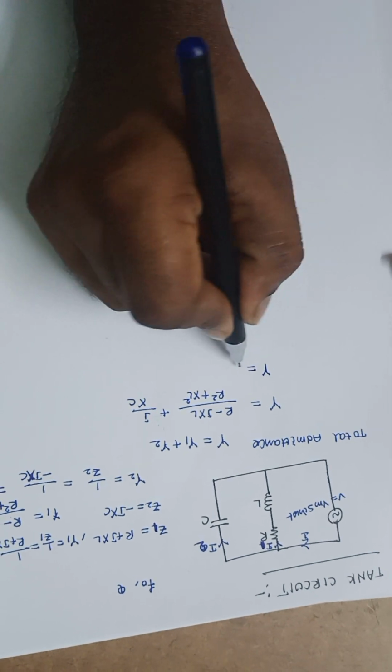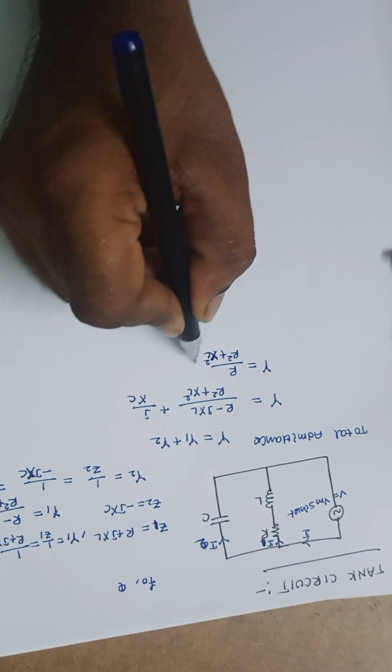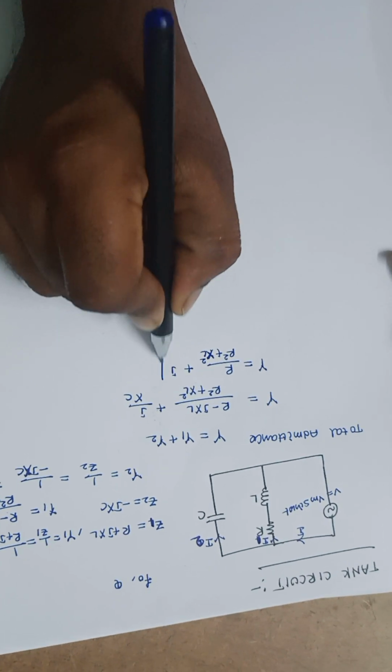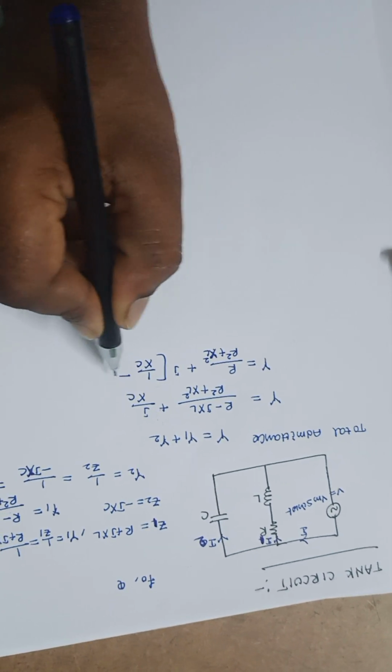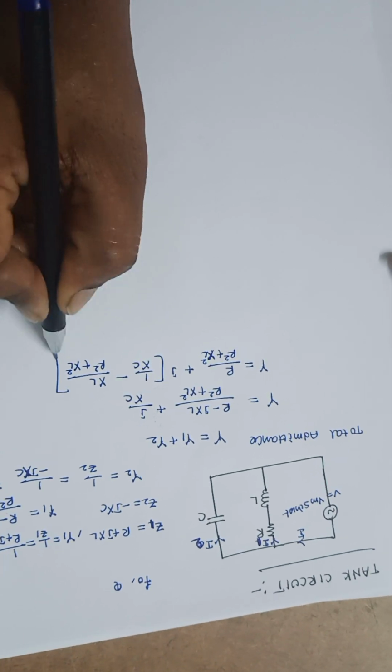Now Y is equal to R divided by R square plus XL square. Let us separate the imaginary part and the real part. Here it is 1 by XC minus XL divided by R square plus XL square.